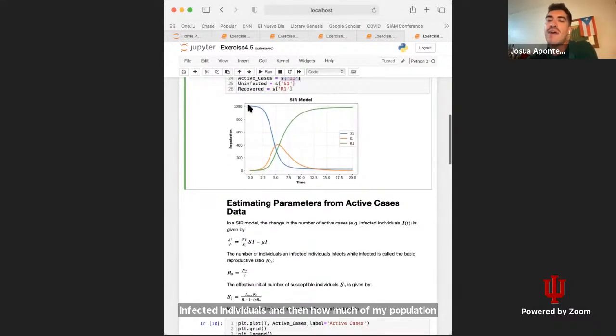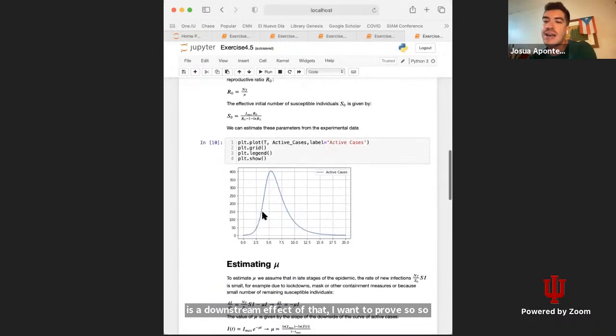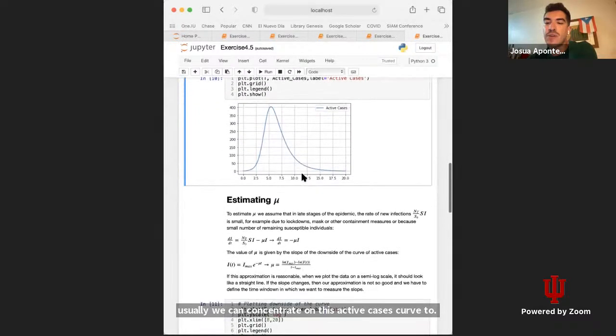So we don't usually have access to the susceptible curve. And the R1 curve is basically a downstream effect of the I1 curve. So usually we concentrate on this active cases curve to try to estimate the parameters of the model.